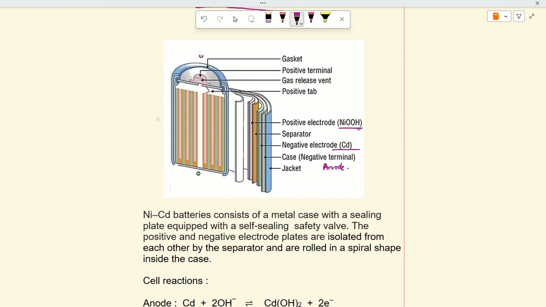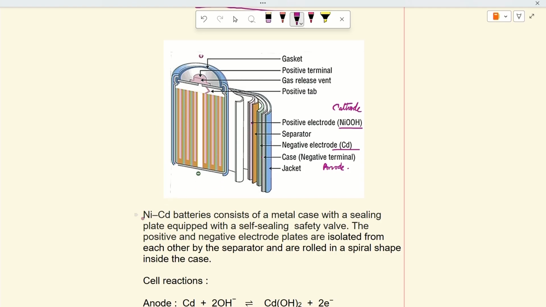It is not pure nickel, remember, though we call it a nickel cadmium battery, its positive electrode or the cathode is not pure nickel, it is nickel oxide hydroxide. In between we have a layer for separating these two, and there is a gas release vent which is self sealing type.